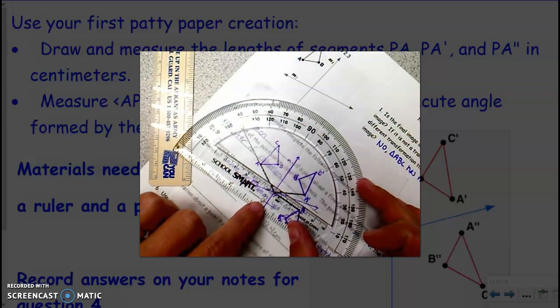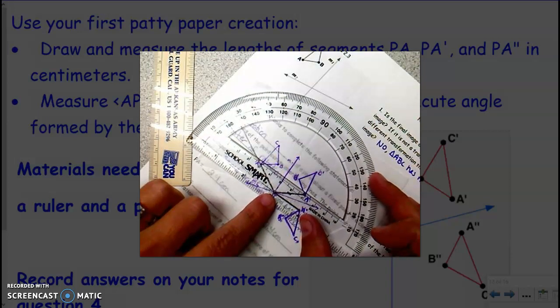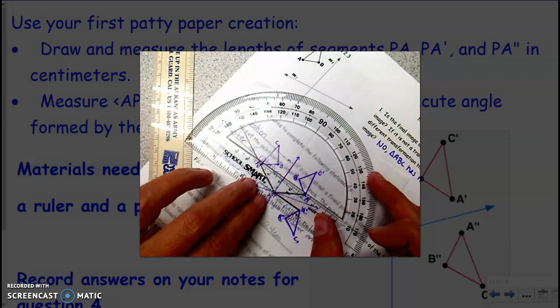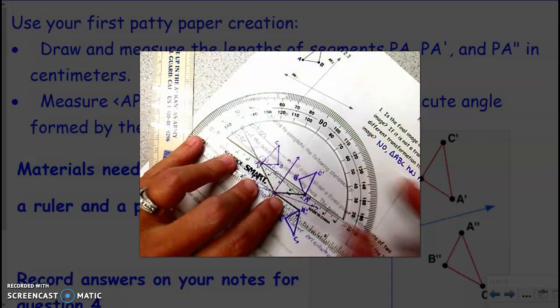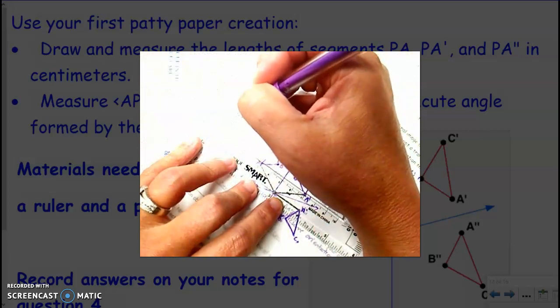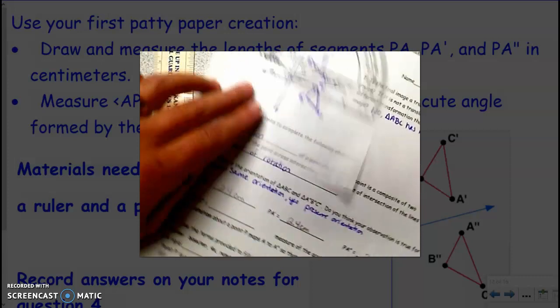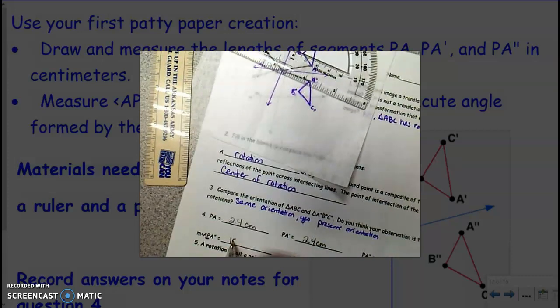If it does, that's where your vertex is going to go, and then you're going to line that up on top of one of the sides. And then you'll see where that goes through. So that looks like 152. So we'll just say 152 degrees.